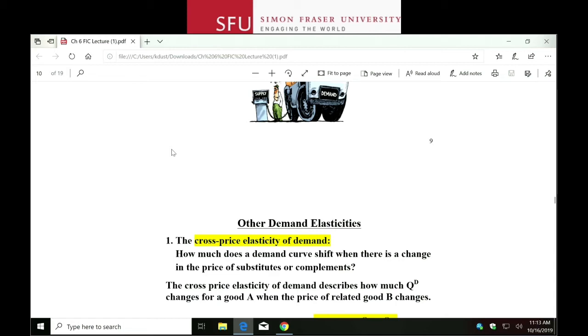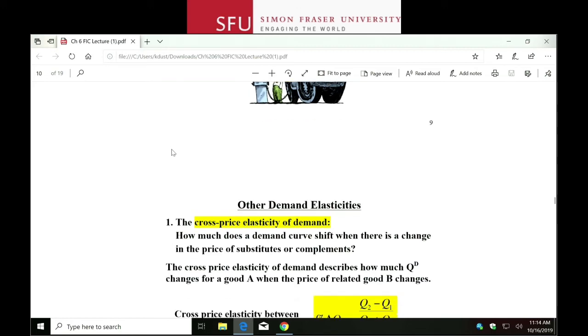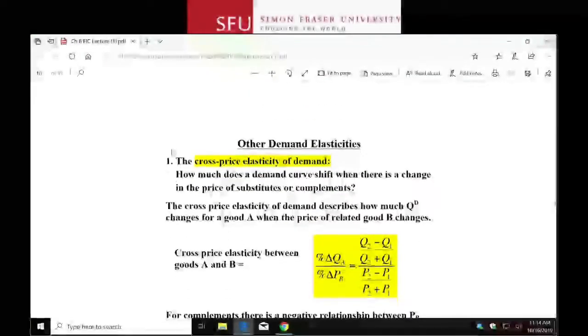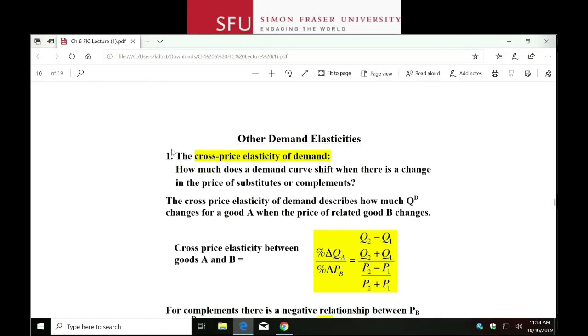Okay, so the beginning of the chapter was just called price elasticity of demand. So this one is cross price. So we're talking about quantity change for one good when the price of the related good changes. Now the formula is the same, except we're talking about a quantity for a good A, and then how that changes in response to the price change for the other good, good B.